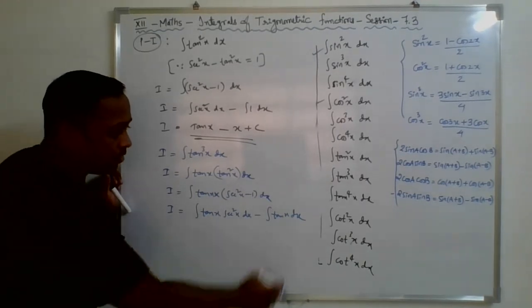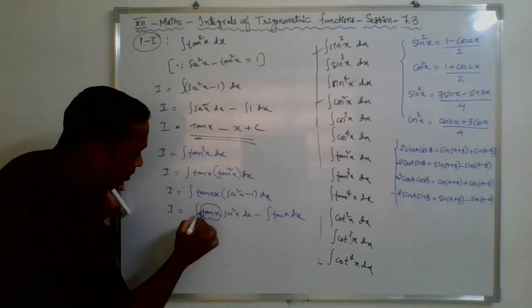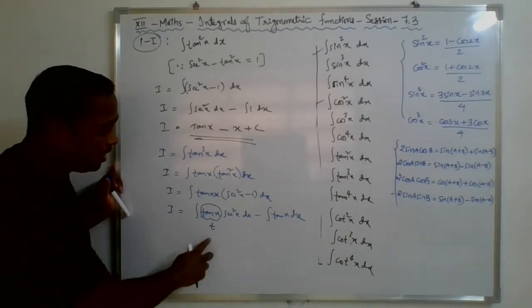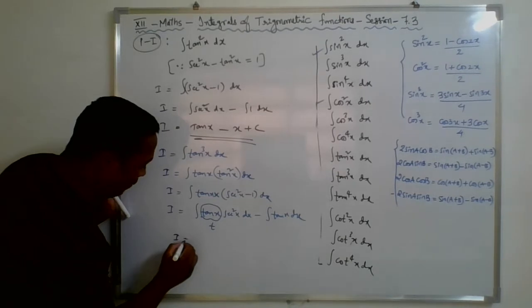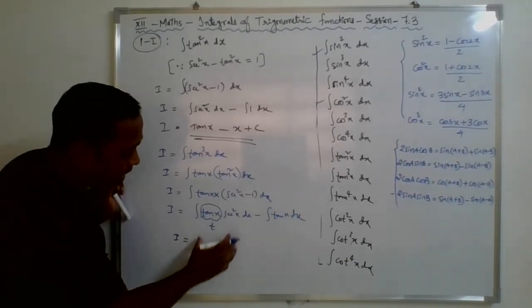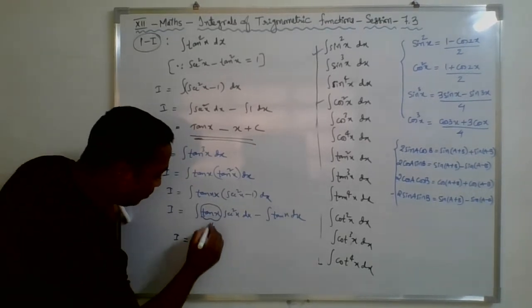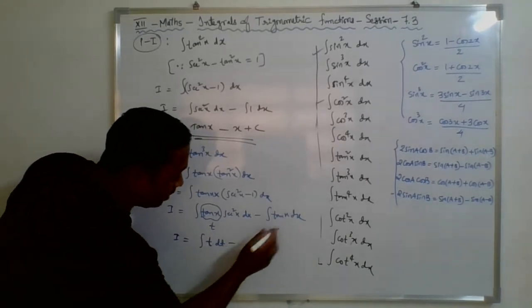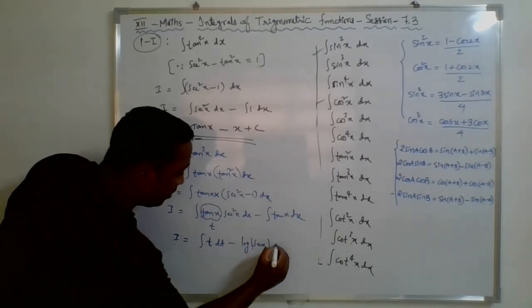The integral of tan x is log of sec x, and here if you assume tan x is equal to t, its derivative is available, that is sec square x will get cancelled, and you are left with, I am not explaining the entire process over here, I am directly writing what you are going to get after assuming t: t into dt minus the log of sec x plus c.